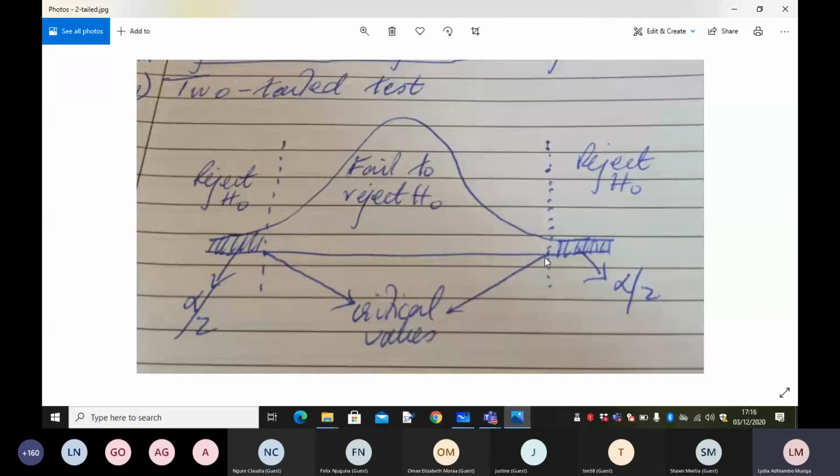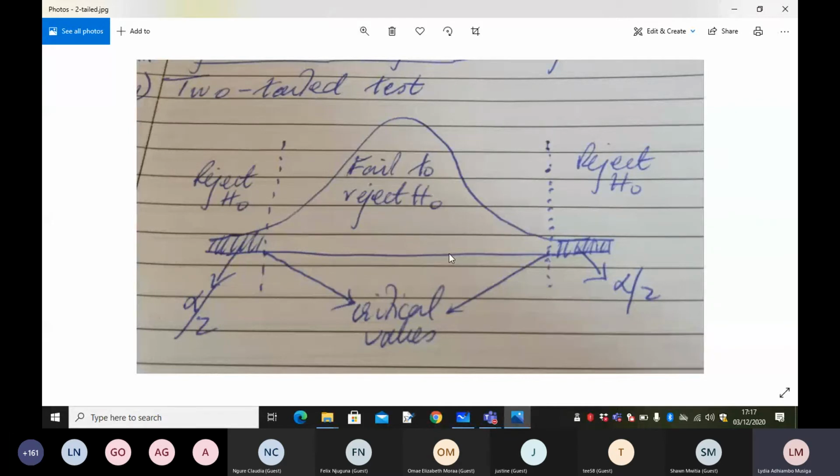So the values where the arrows are coming from, at those 2 points, because for this test, which is being referred to as a two-tailed test, there are 2 critical values. The critical values separate the rejection regions from the non-rejection regions.